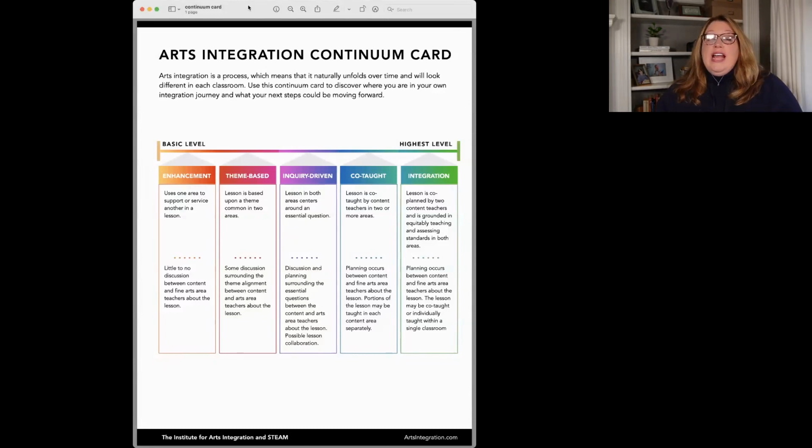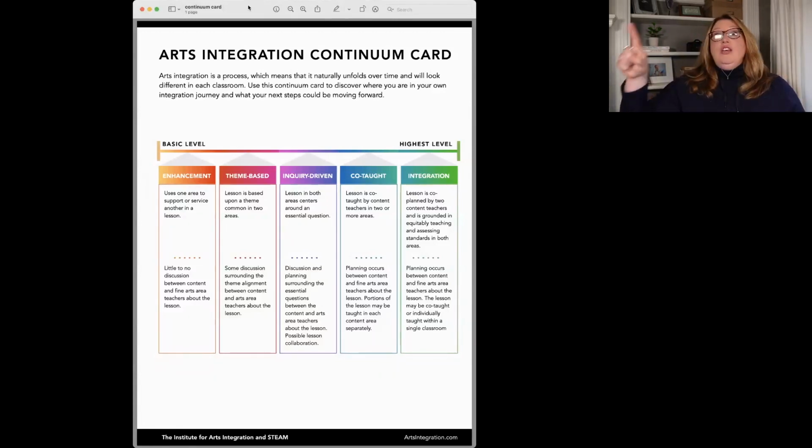On the far right side of the continuum, on the opposite side, is arts integration. And this is when a lesson is co-planned by 2 content teachers and is grounded in equitably teaching and assessing standards in both areas. Now, do you see what a huge leap it is from arts enhancement to arts integration just by those 2 definitions, right?